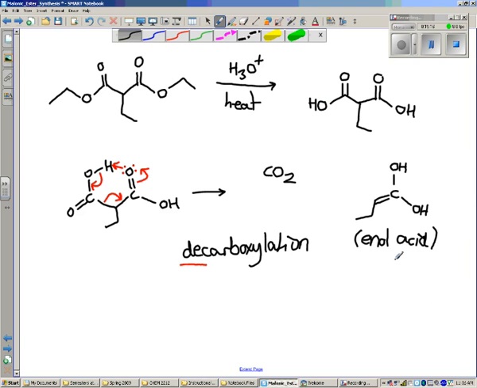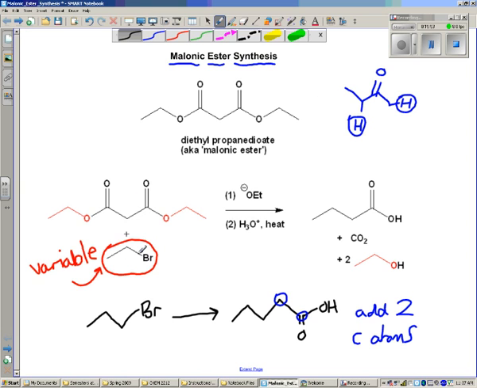This unstable enol acid, and just to indicate that it's unstable, we're going to put it in brackets, rearranges to give essentially a carboxylic acid. It looks something like this. It's a carboxylic acid that has 2 more carbons than the alkyl halide that we began with. 2 carbons here, 4 carbons in the acid.